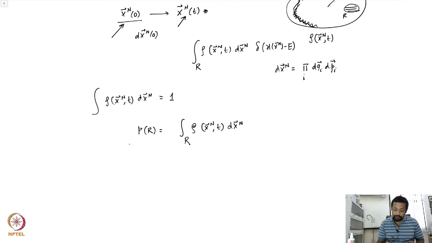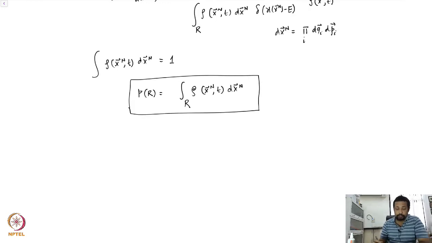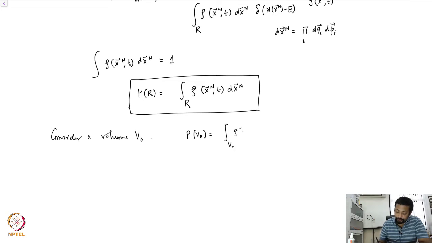So now I want to evaluate the flow of probability from this region R. Consider a volume V0. Then the probability of finding the system within this volume is P of V0, equal to the integration over V0 of rho of xn comma t dxn, right?